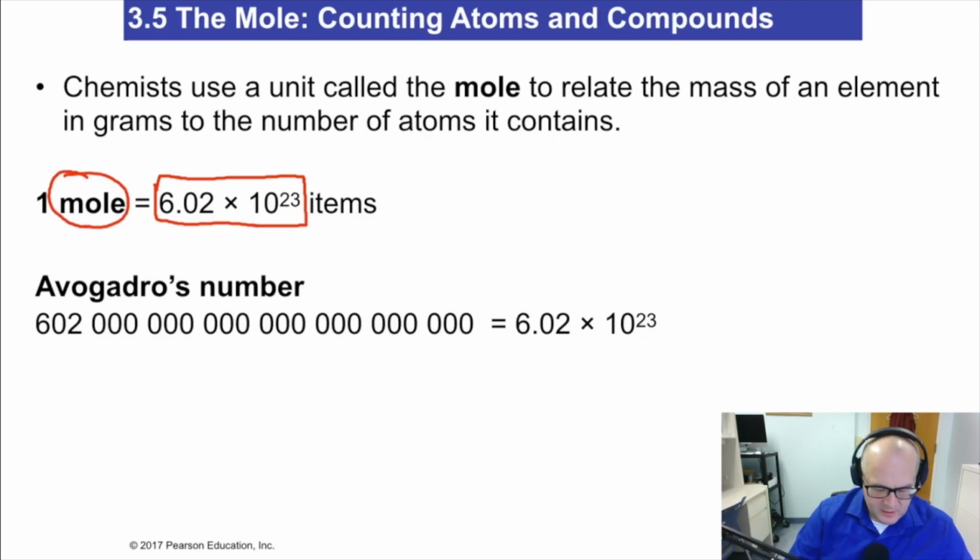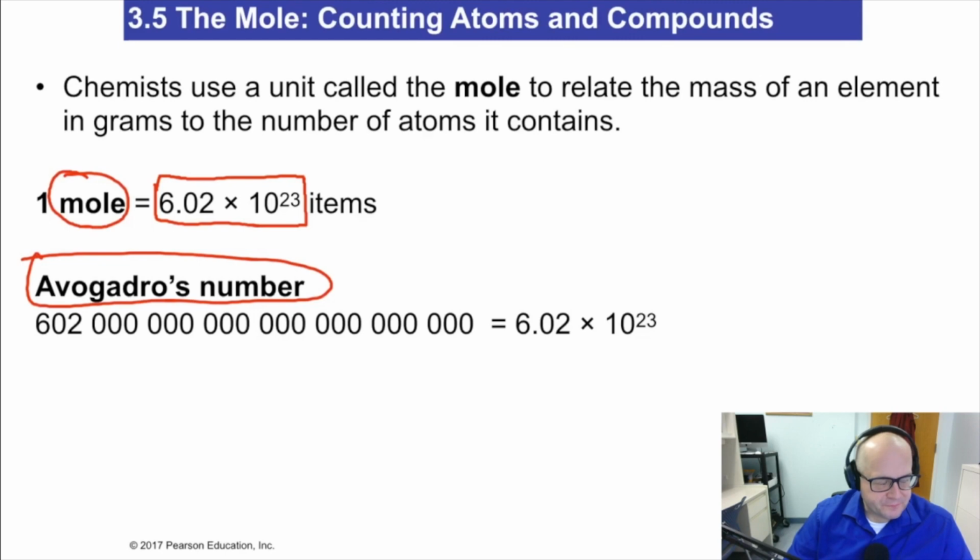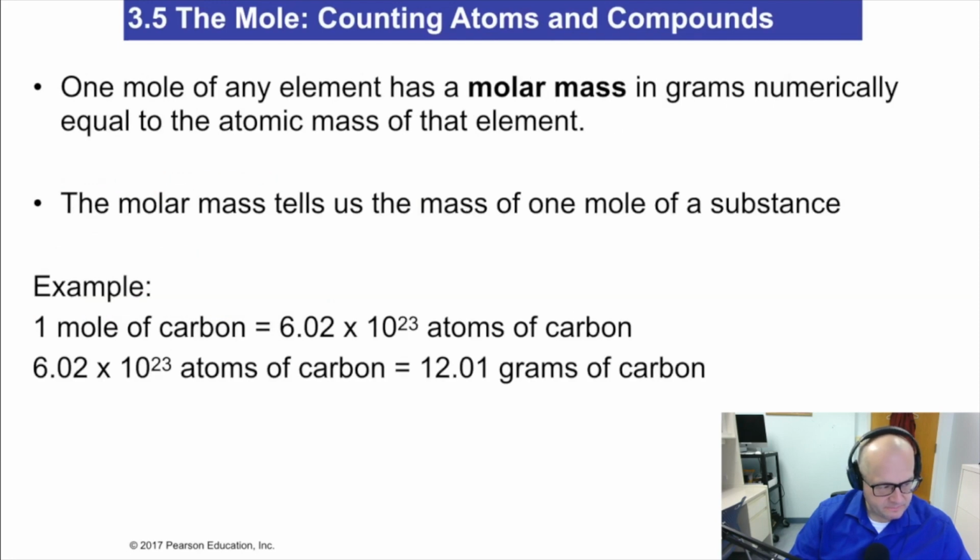This number is also known as Avogadro's number. Avogadro is an Italian physicist who discovered this number. So keep in mind that it's just a word that simply means a number.